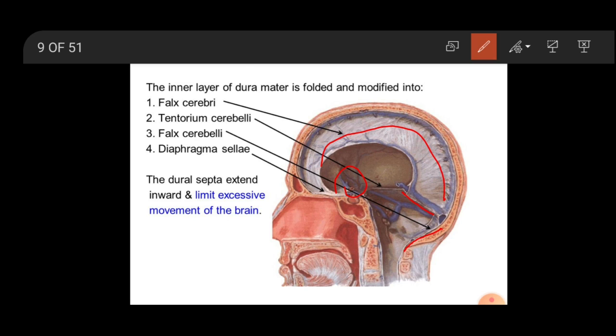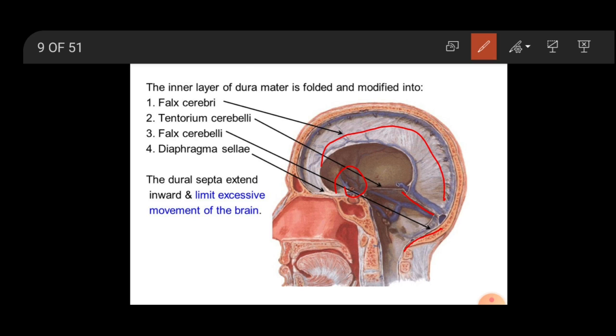What is the function of these dural folds? Why is the inner meningeal layer duplicated to form them? It helps in stabilizing the brain during movements of the head.